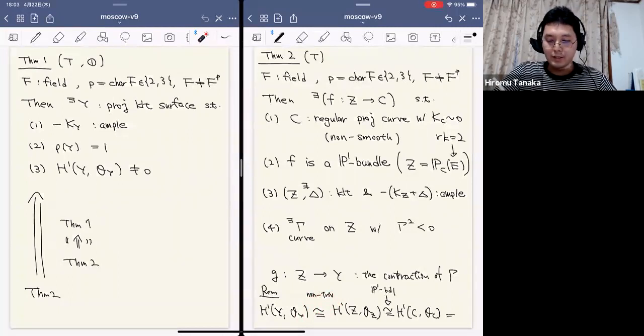And finally, it is easy to see that this is non-zero, because this is a curve which looks like elliptic. So we can just use triviality of the canonical divisor and Serre duality.